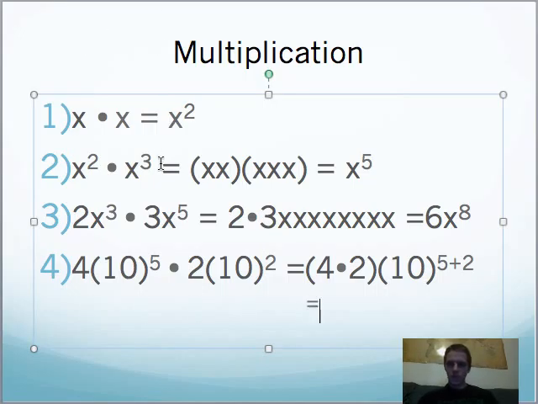So to simplify that, 4 times 2 equals 8. The base stays the same, but our exponents are added, so it's to the 7th power. So we multiplied our coefficients, 4 times 2 to get 8, and then our powers have the same base, so all we have to do is add the exponents. 5 plus 2 gives us 7.